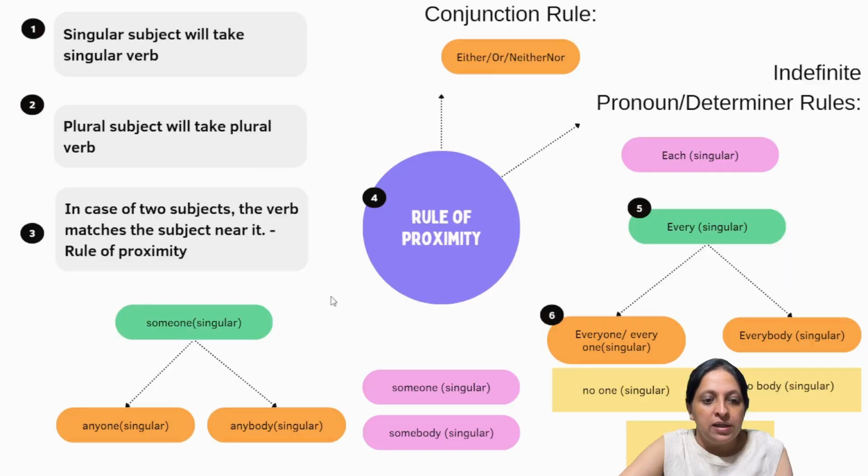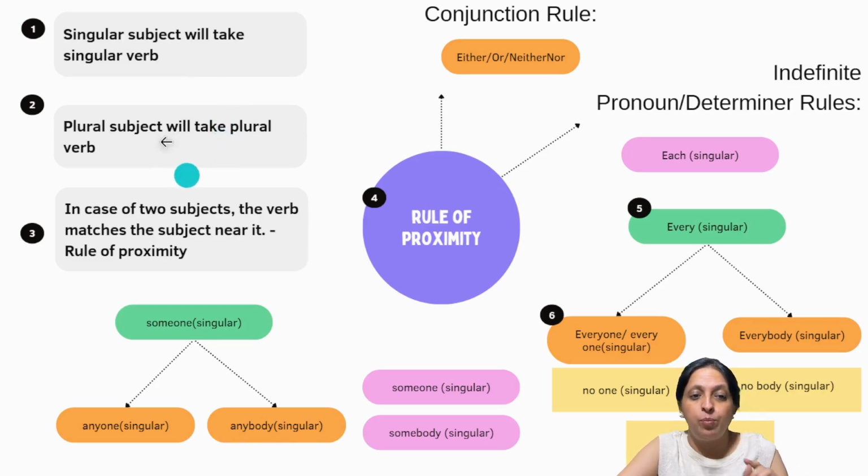Okay. So let's quickly do a recap. To identify if we are adhering to subject-verb agreement properly or not, we need to understand a few things. A singular subject will always take a singular verb. A plural subject will always take a plural verb.